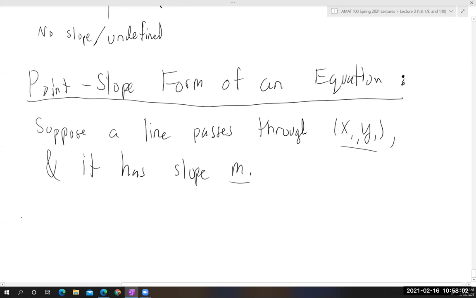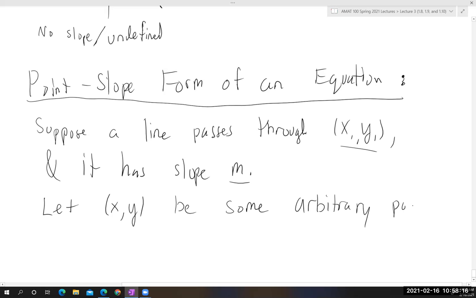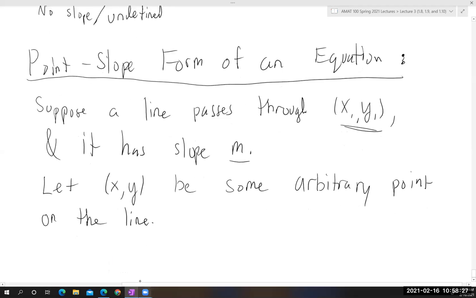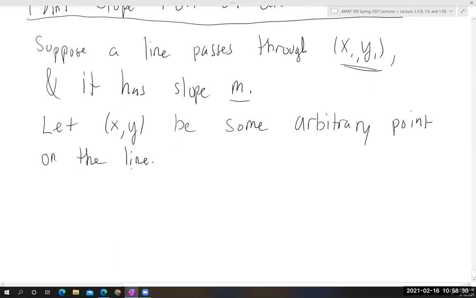Well, we want to find out other points on the line. So we'll just say let x comma y be some arbitrary point, just any point on the line. It could be this given point, or it could be some other point. Because of that, we can calculate the slope. We can say y minus y1 over x minus x1 is the slope.